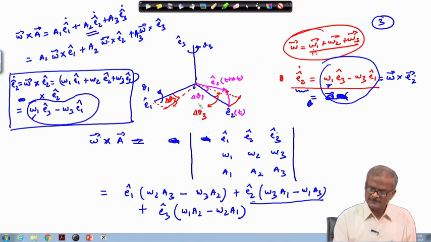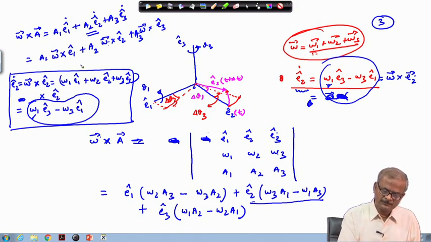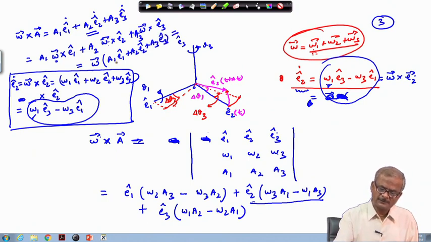You have to go in the same way and find out all the terms, and if we take this omega outside, because it is a scalar multiplication, we can write this as A1 times E1 cap plus A2 times E2 cap plus A3 times E3 cap, with the cross sign here.